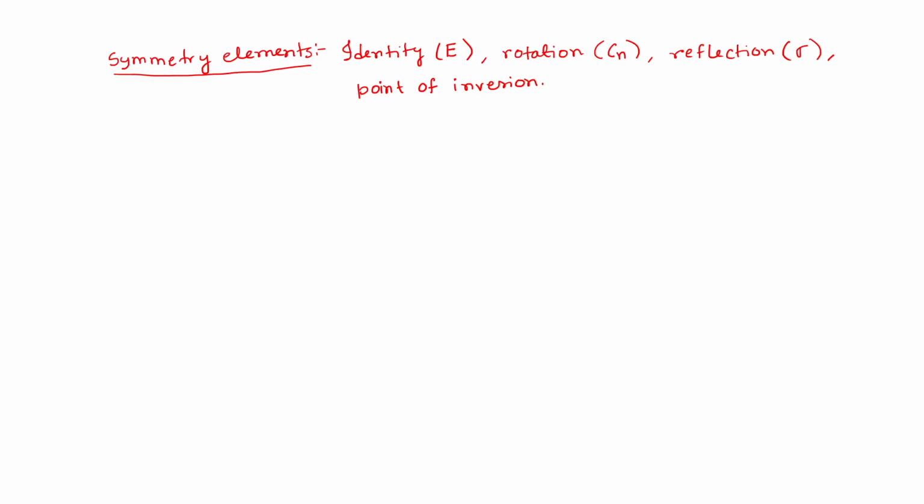First of all, why is symmetry going to be required? In the later half of the course, till now we have dealt with some diatomic molecules, homonuclear or heteronuclear, but in the later half we are going to deal with the electronic transition of something like benzene, some very big molecules.